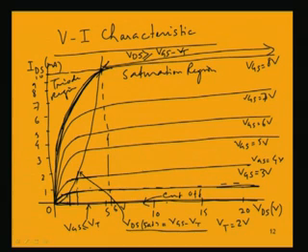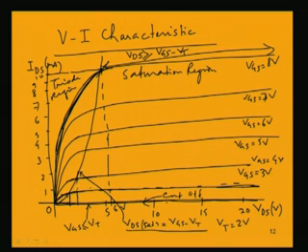Below this, VDS is less than VGS minus V threshold, and in the cutoff, VGS is less than V threshold. So, this characteristic curve gives you the idea about the change in the drain to source current with gate to source voltage as well as drain to source voltage.